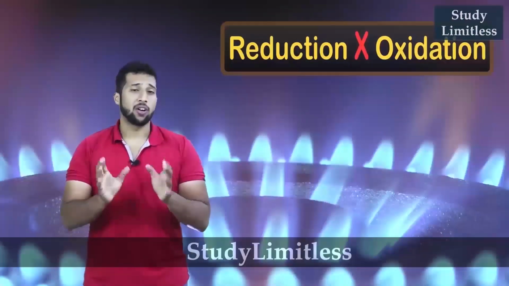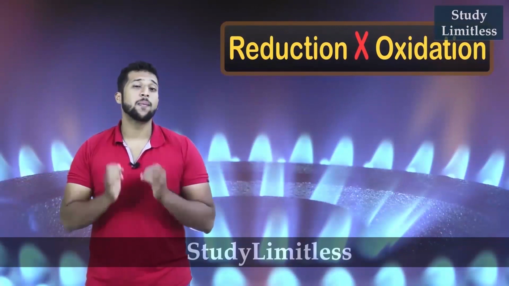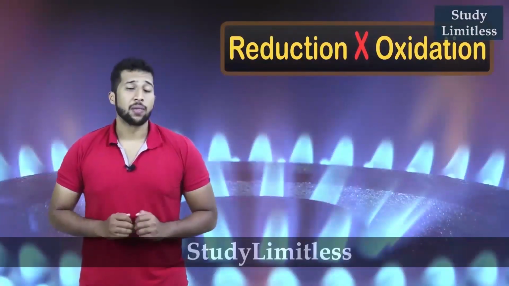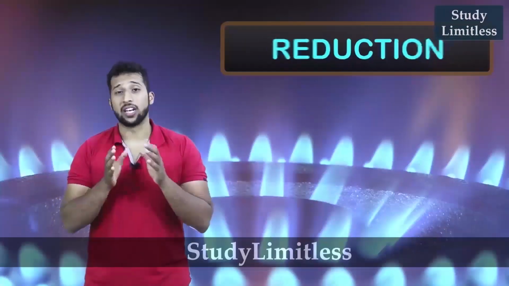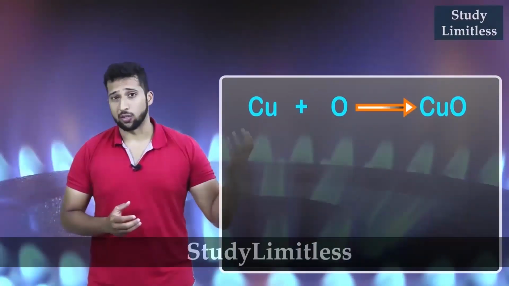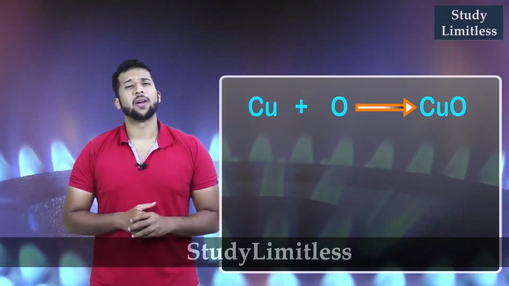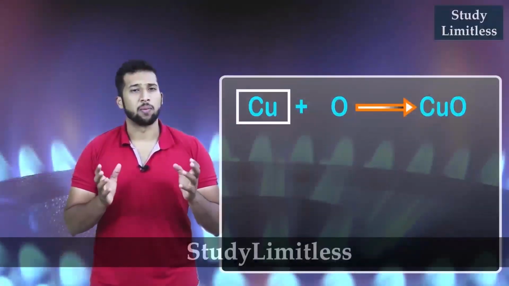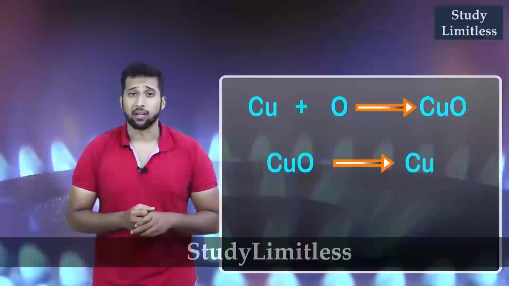Now, you have oxidation. There is an opposite of oxidation too, and that is reduction. Now, we have formed copper oxide by adding oxygen to copper. But what if I want my copper back? What do I do then?